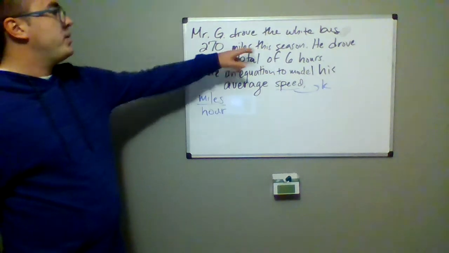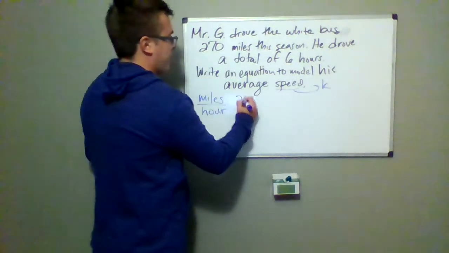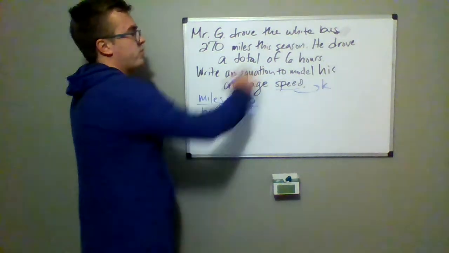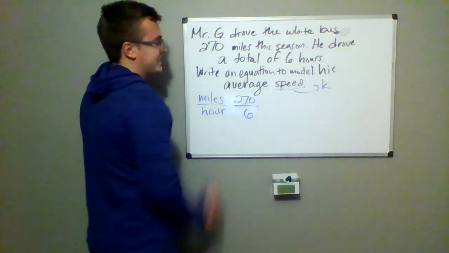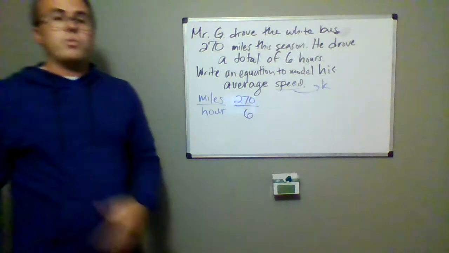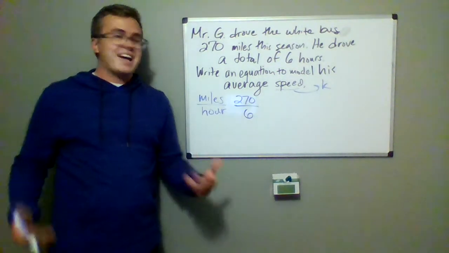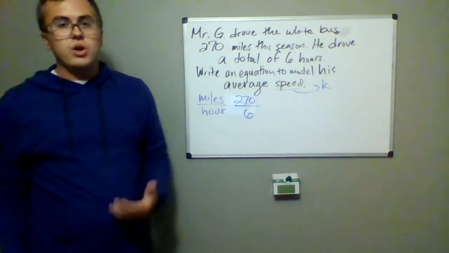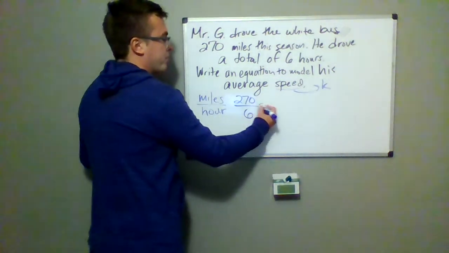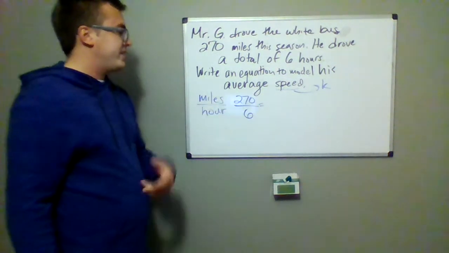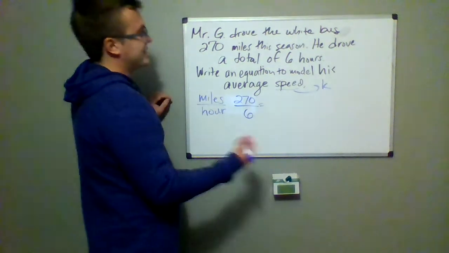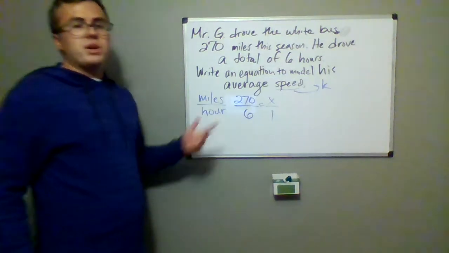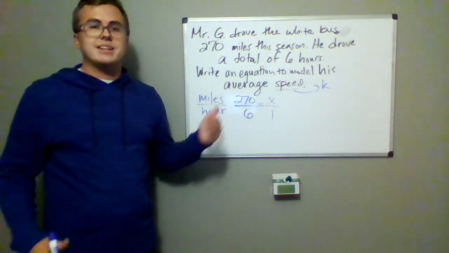So we know that we drove 270 miles, and we drove for a total of 6 hours. Now, we just need to figure out, okay, what is that in terms of 1 hour? Now, we could go through and set up our proportion. 270 divided by 6 is equal to x over 1. And we could go through, cross multiply, and solve it.